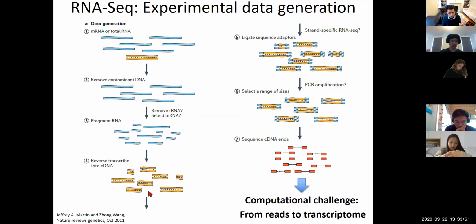You then reverse transcribe those into cDNA. You could also use strand-specific RNA-seq or double-stranded RNA-seq, where you don't know which strand was the original one. You can ligate adapters and then PCR amplify. Potentially with single-cell RNA sequencing, sometimes you avoid PCR amplification because it can lead to all kinds of biases, but with most traditional approaches, you amplify. And then you can select a range of sizes, and then you sequence the ends of these molecules.